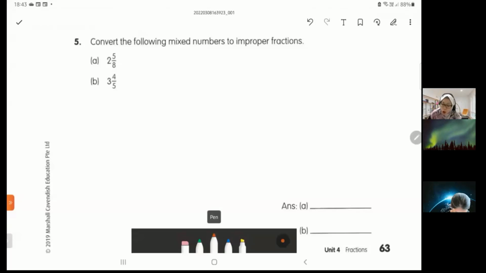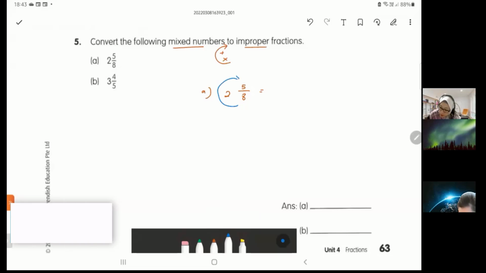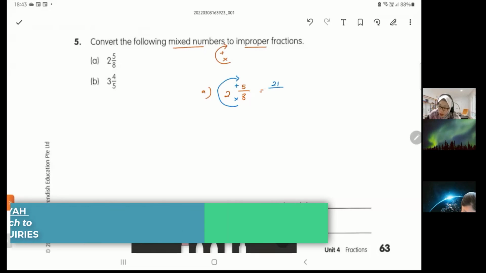Okay, so to convert the mixed number to improper fraction, remember the C and then you need to do this. Remember this, okay? So for A is 2 whole 5 over 8. So we need to change it to improper, right? We do the C. 8 times 2, then plus 5. 8 times 2 is 16. 16 plus 5 is 21. Over.